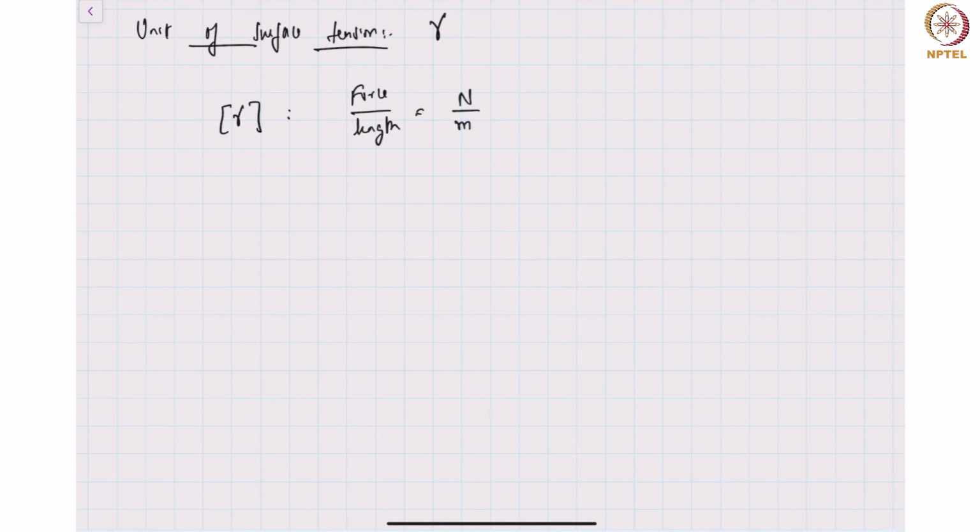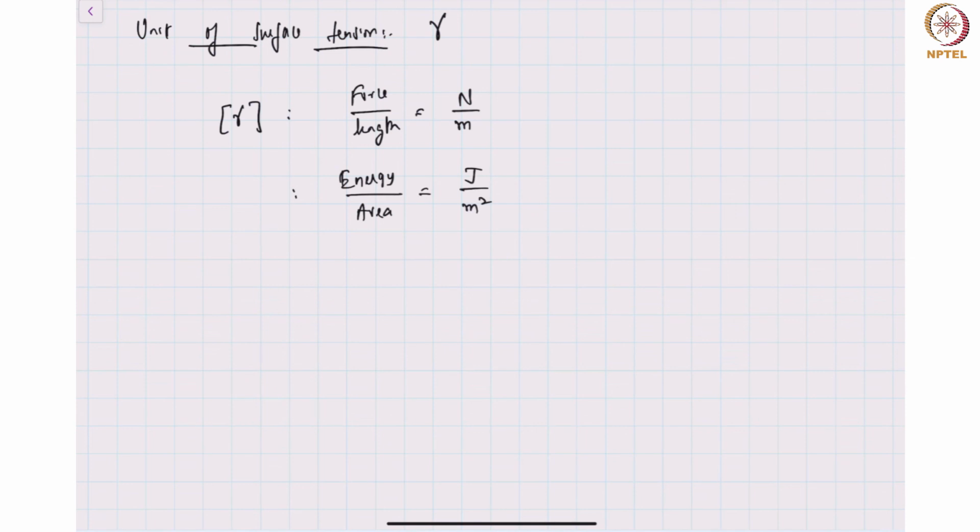So finally, let's look at the units of surface tension. Let's call it gamma. The unit of surface tension is basically force per unit length, and therefore this is Newton per meter. Note that surface tension is also energy per unit area, and this would be joule per meter square.